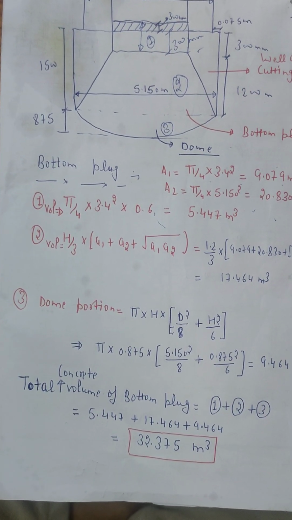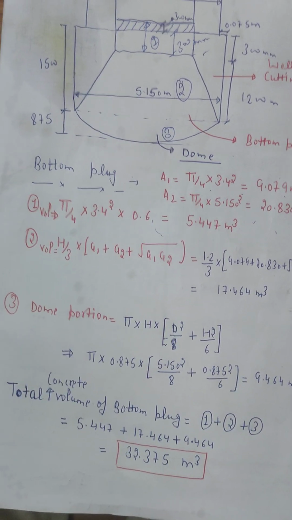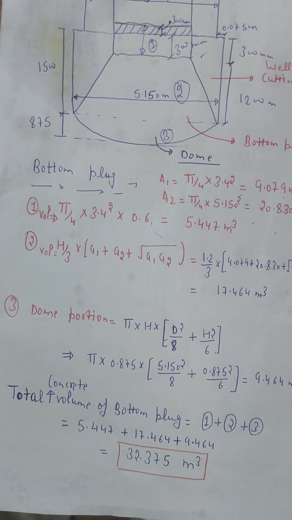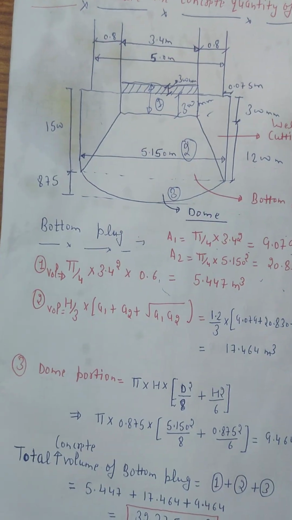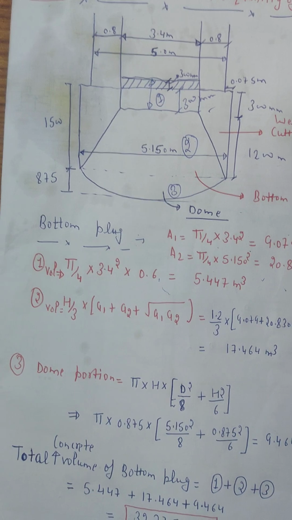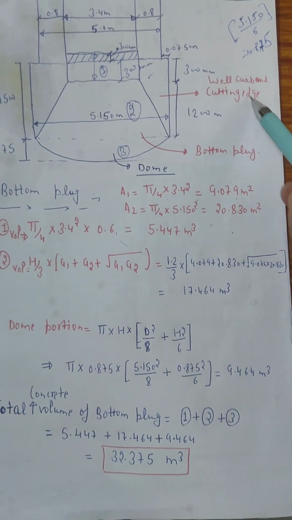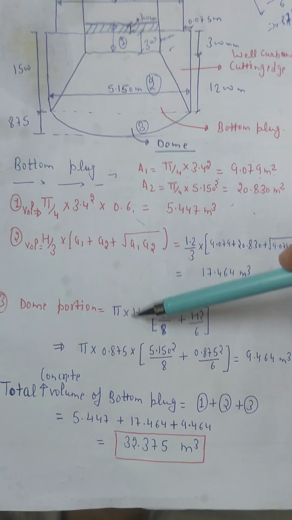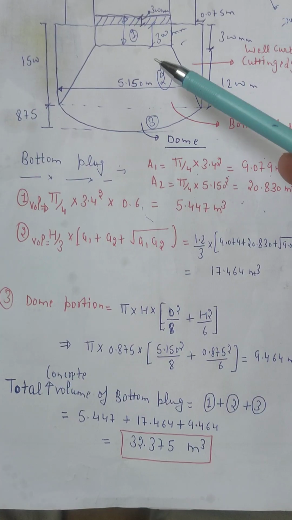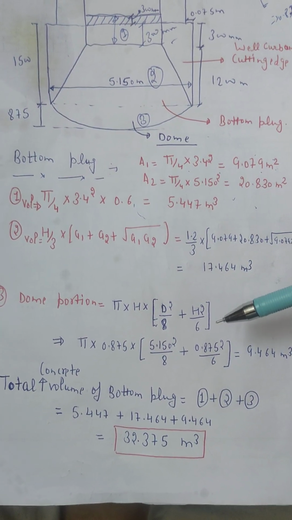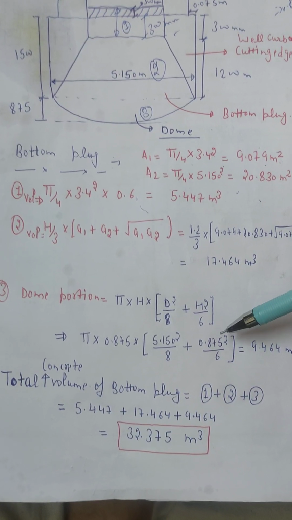Previously, as I have said, this 875 comes from 5.15 divided by 6, which is around 0.875 meter, that I have written here. So that will be pi into h into bracket open d square, that is 5.15 square, divided by 8, plus h square, that is 0.875 square, divided by 6.